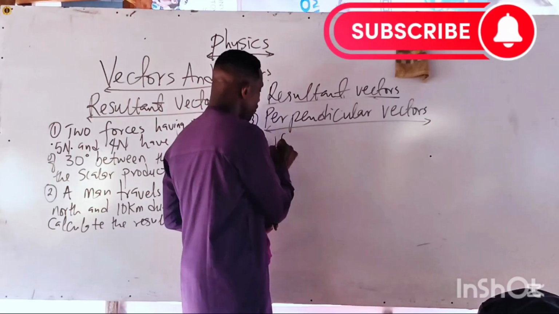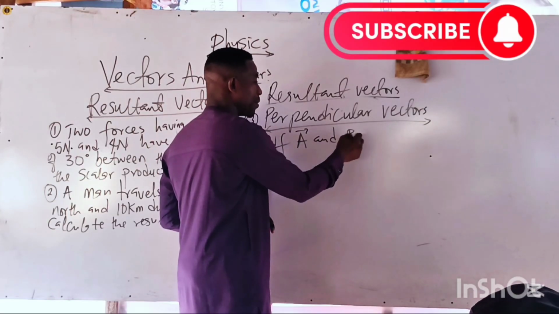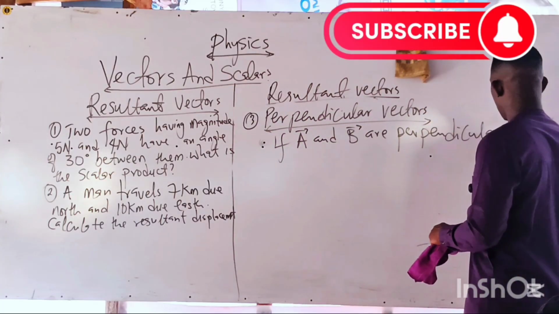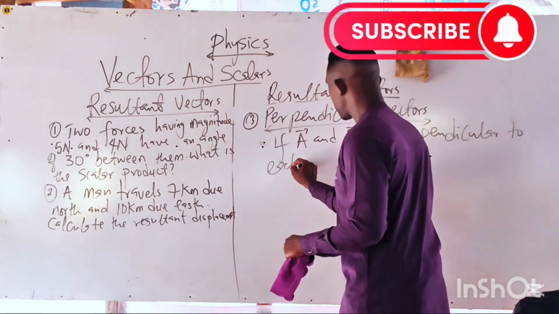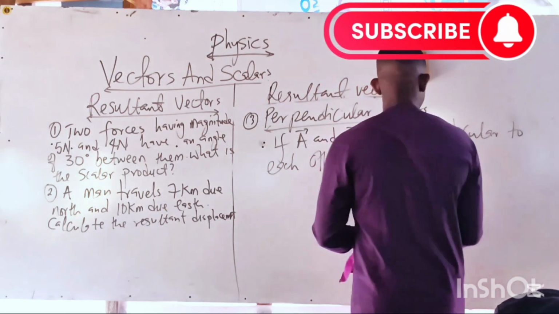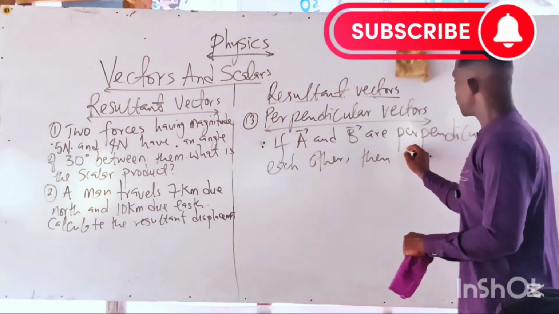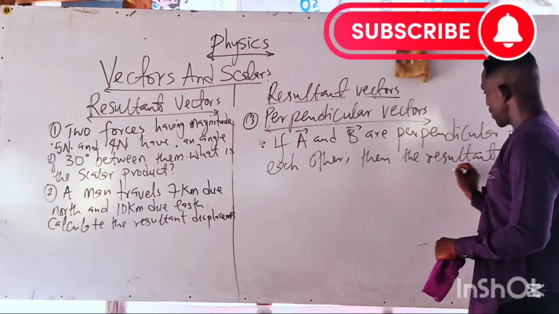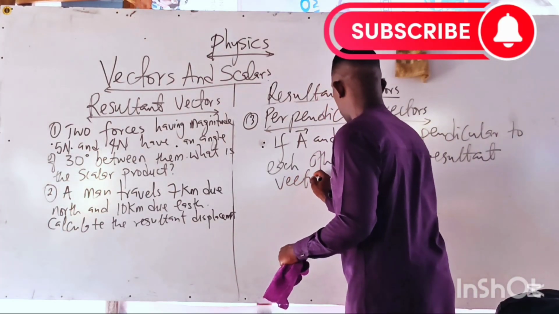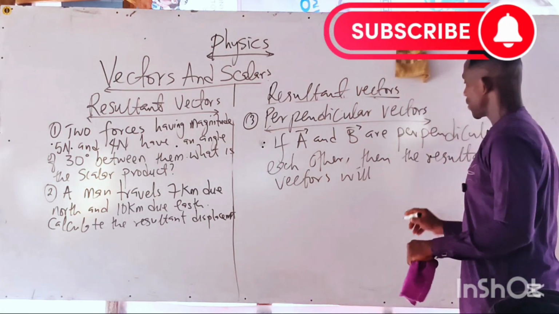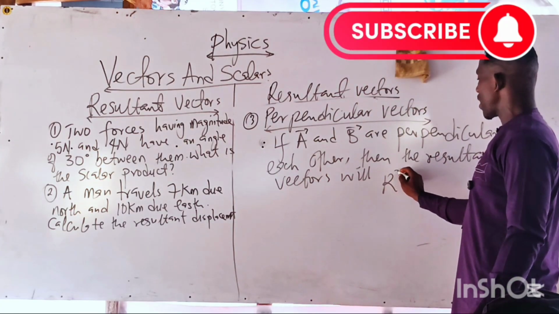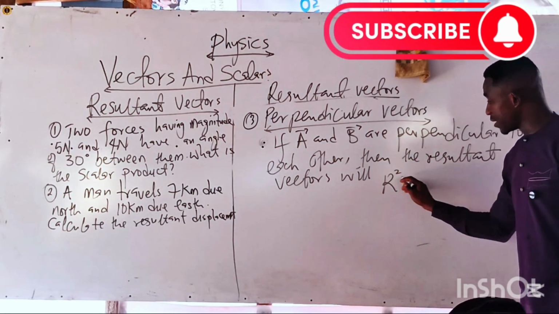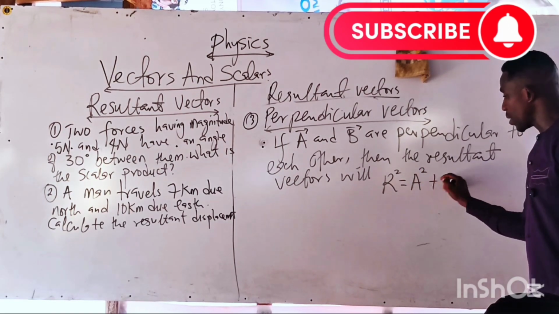If vectors A and B are perpendicular to each other, then for the resultant vector R, we apply Pythagoras theorem, which is R squared equals A squared plus B squared. So R is equal to the square root of A squared plus B squared.